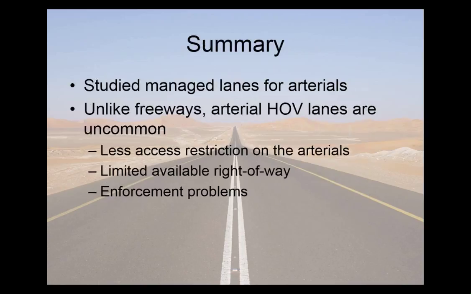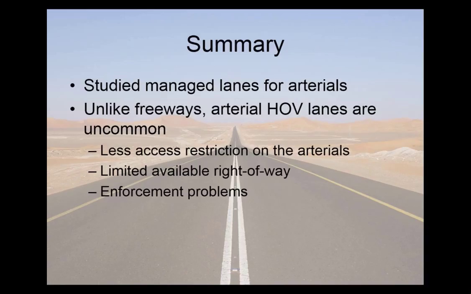So to summarize, I studied managed lanes for arterials, and bus lanes and HOV lanes in particular. Unlike freeways, arterial HOV lanes are relatively uncommon, and those instances that I could find were very old, often dating from the 1970s or 1980s, and some of them no longer exist.